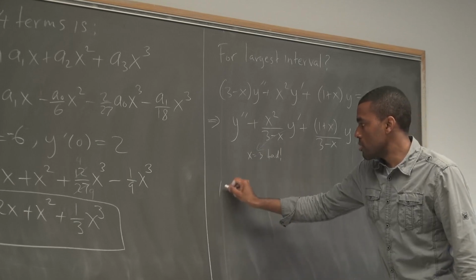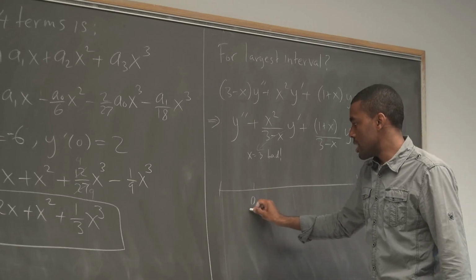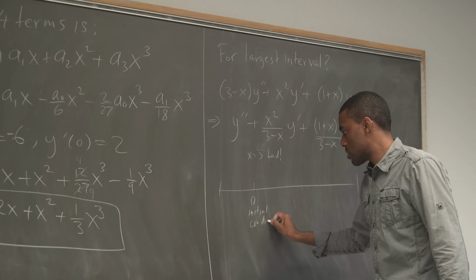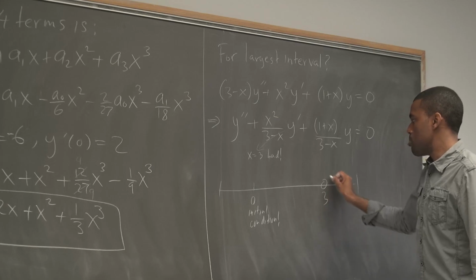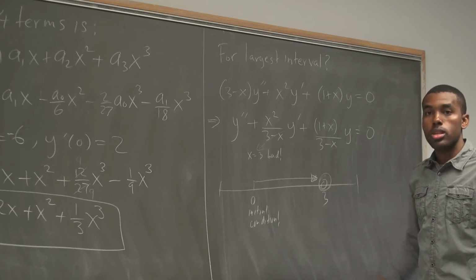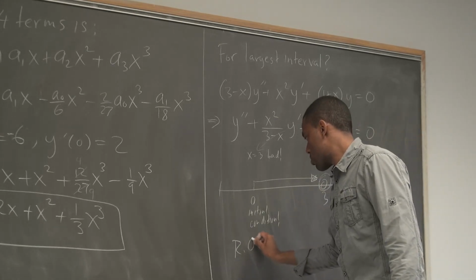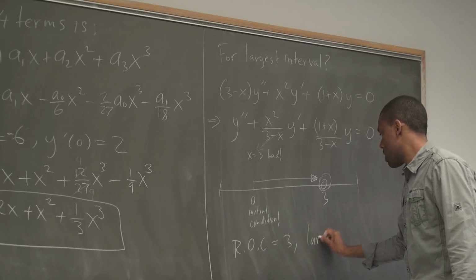Which means if we're on an interval, we know our initial condition is at 0. But 3 is a bad point, which means the most we can extend to is 3. So the radius of convergence here is going to be about 3, largest possible interval.